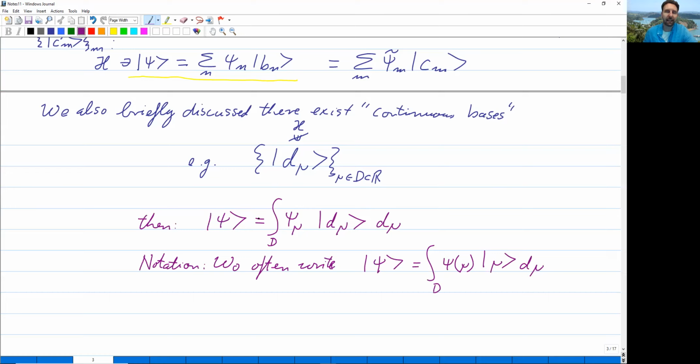It's of course exactly the same. This is just by definition psi of mu. So for every mu, you associate a complex number. And this is then by definition just mu. For example, this could be position vectors or so. As we will later see, I don't expect you to know exactly how this works in this framework just yet.